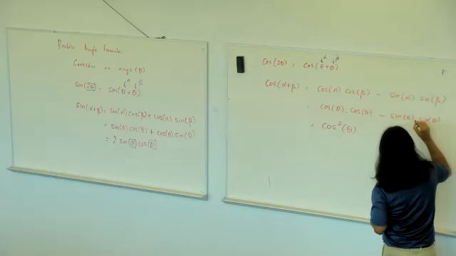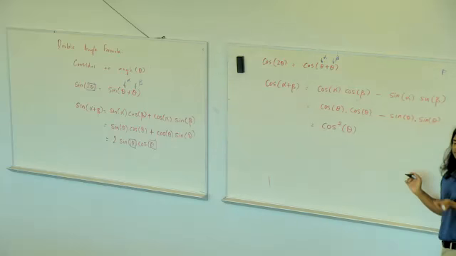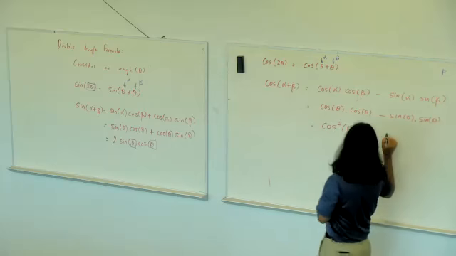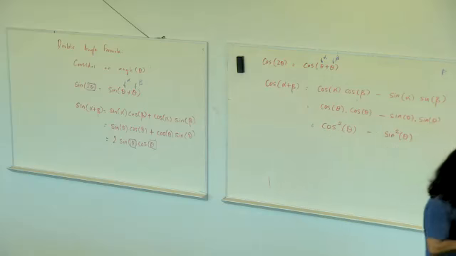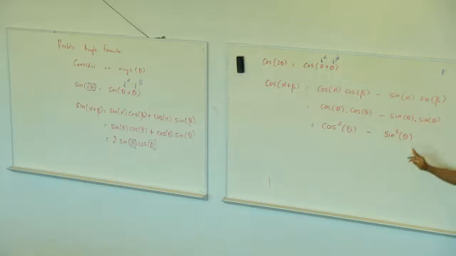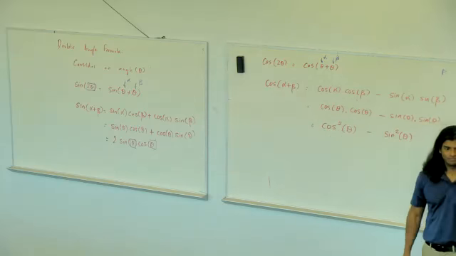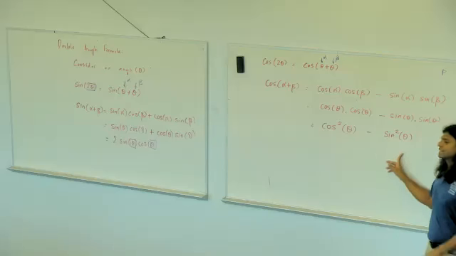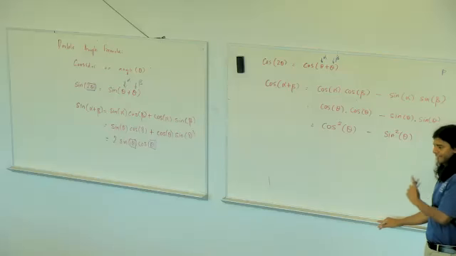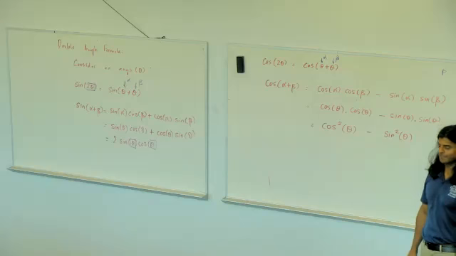Sine theta times sine theta is sine squared theta. A common mistake is to put that as 1. It is not 1. Sine squared plus cosine squared is 1. That's not what we have.